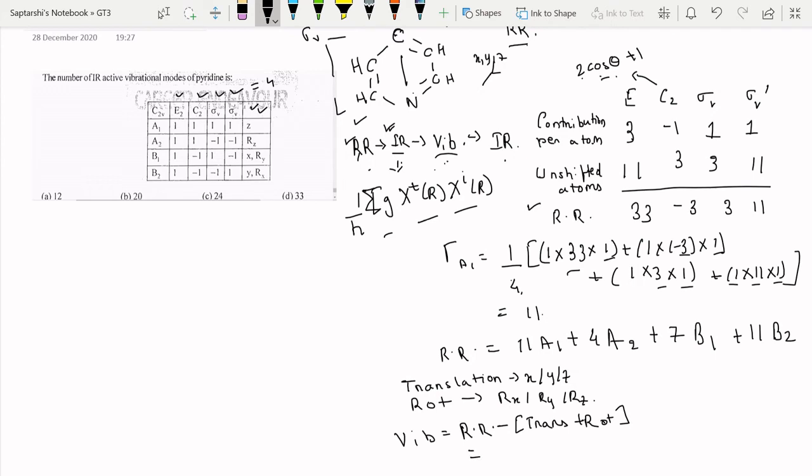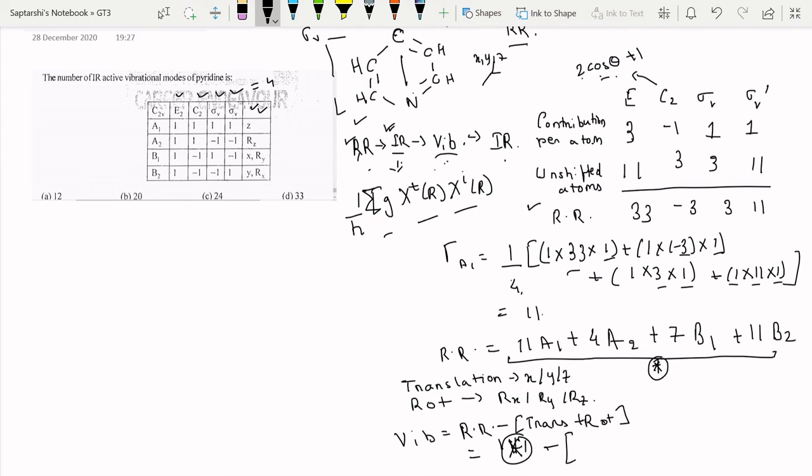So this will be equals to 11, this whole thing that we got just now. Let me represent it by a star in a bracket. So I have this star and I subtract the translational part from it.